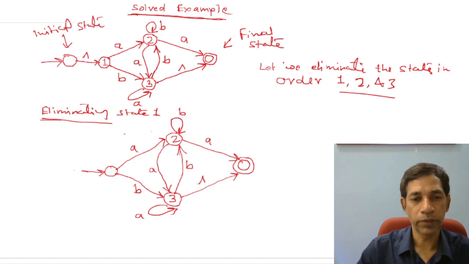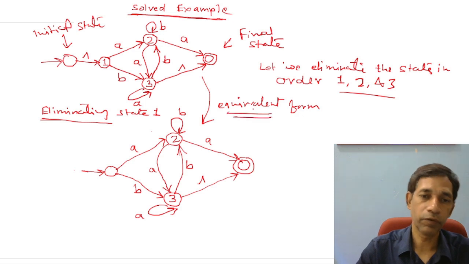After elimination of the state 1, this is the equivalent form we have obtained. So one by one, we are going to obtain the equivalent transition graph.